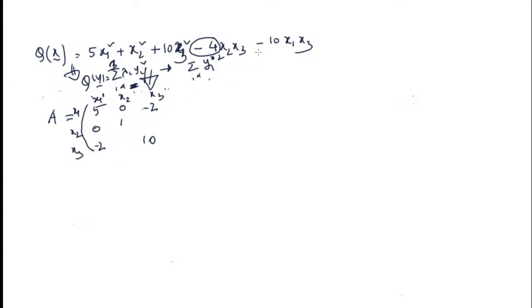Similarly, this is -5, -5, because the coefficient of x1 x3 is -10, and this is -4, so this is -2, -2. So this is your matrix A.